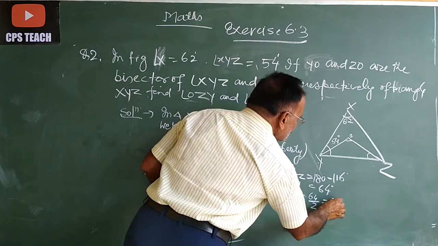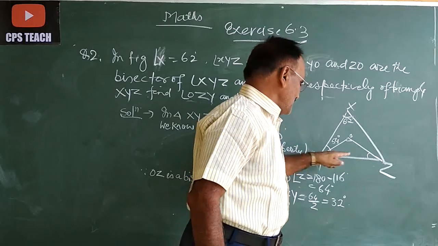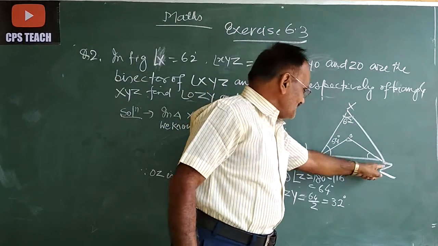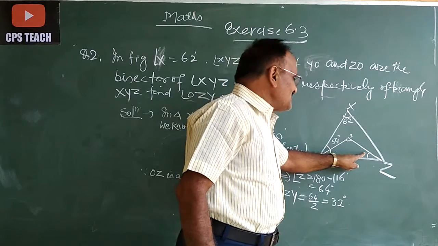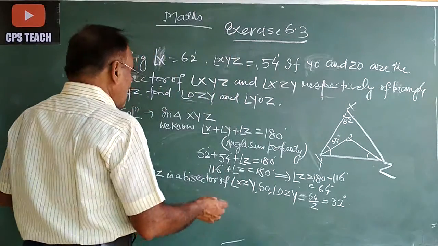It means 32 degree. This is the value of angle OZY. Because OZ is bisector of angle XZY, so this angle is equal to 32 degree.